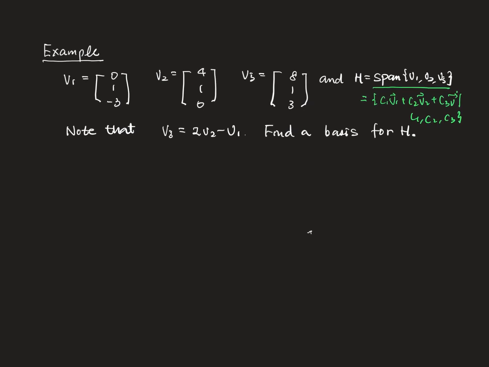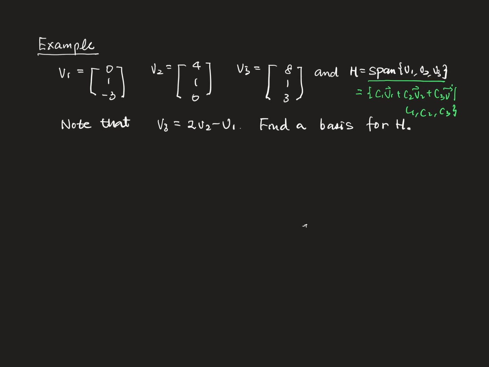But here they figured out, and we don't have to prove it, that V3 is a linear combination of V2 and V1. In that case, the spanning set theorem says you remove V3.